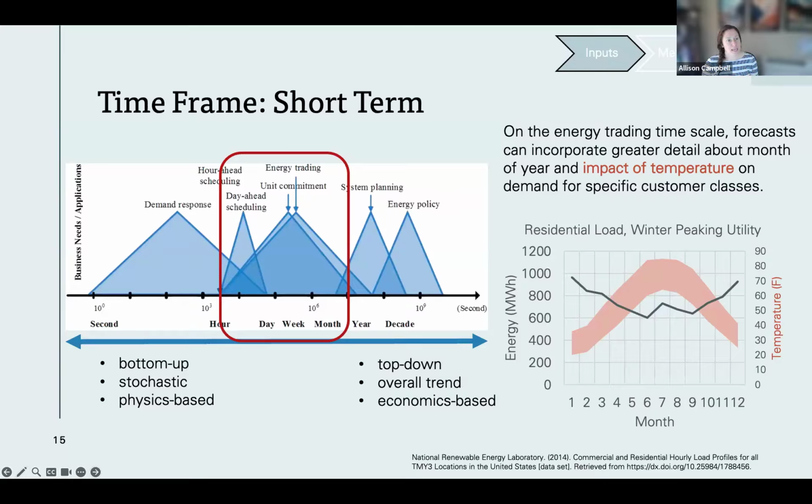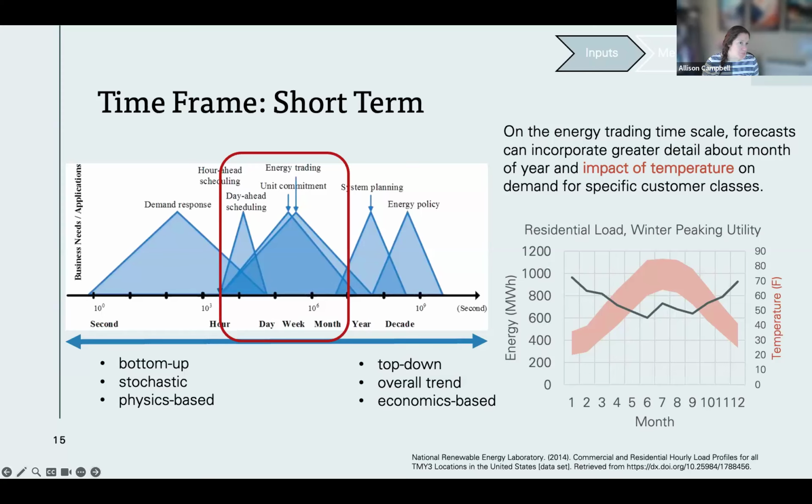The approaches that we would take would be more dominated by bottom-up approaches, stochastic or physics-based approaches. And then as we go to the longer time frame scales, we would be looking at methodologies that are driven more by top-down overall trends and economics based. So that's why for this short time scale, we're looking more at bottom up.